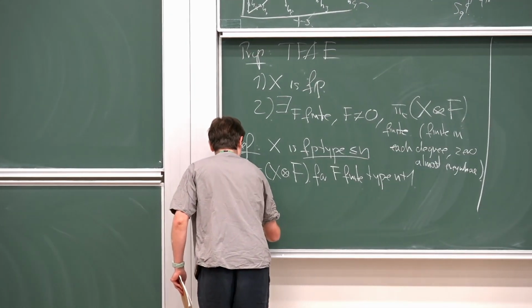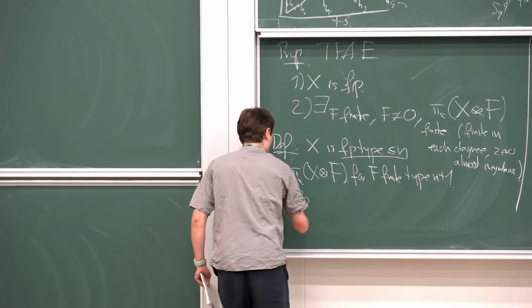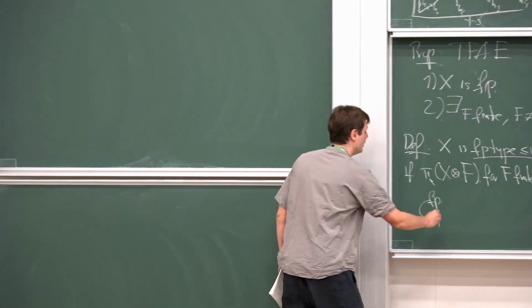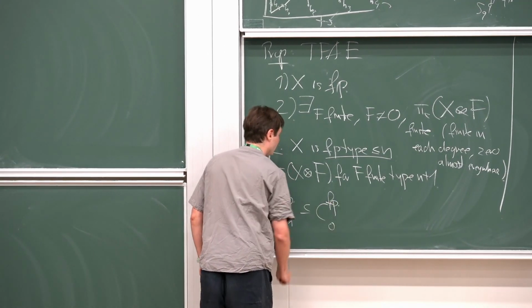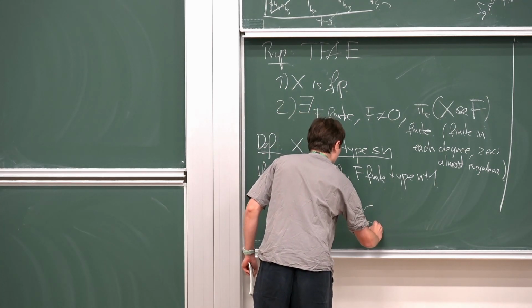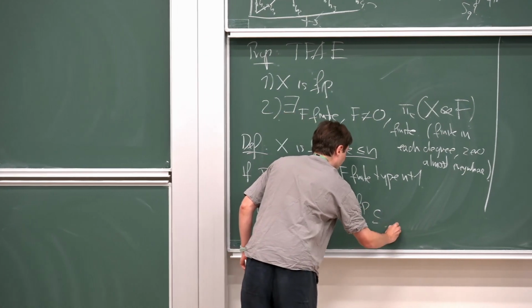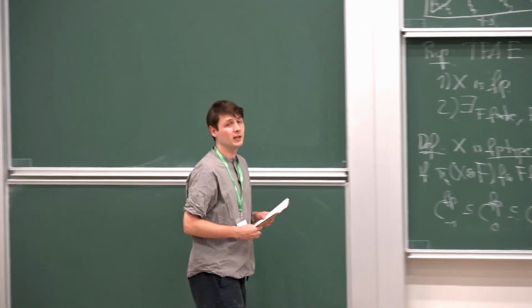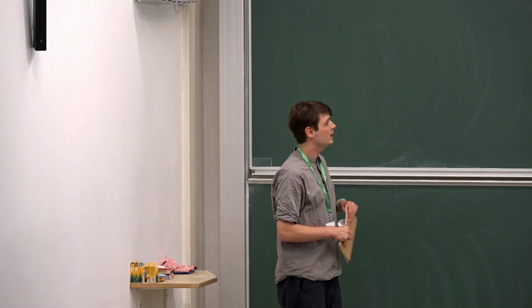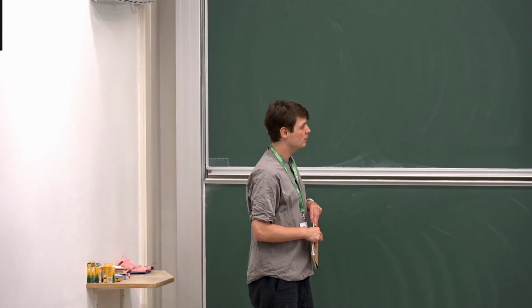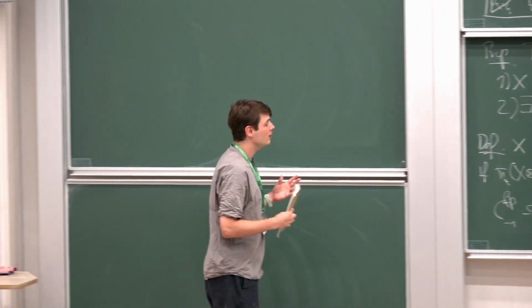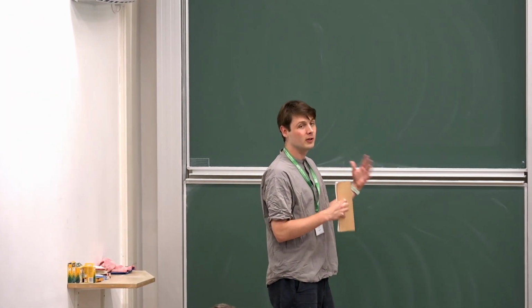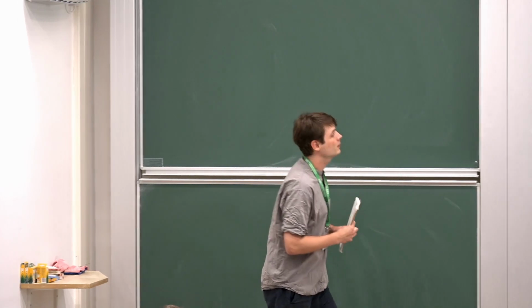There's a subcategory of FP spectra of type at most -1, and this sits inside the subcategory of FP spectra of type at most 0, inside type at most 1, and so on. So this is a sequence of thick subcategories whose union is the thick subcategory of all FP spectra. And each one has the property that all of its objects have finite homotopy with coefficients in a finite complex of type n plus 1.